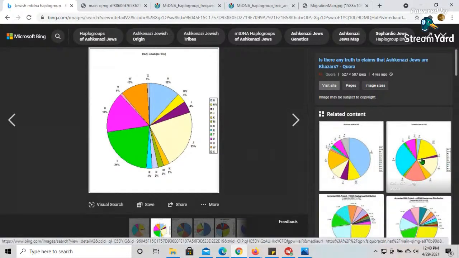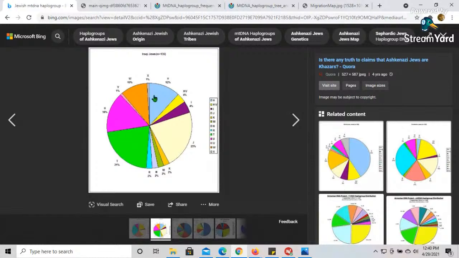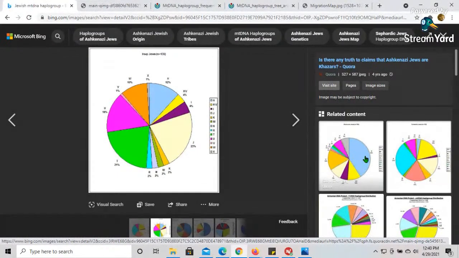But this is basically all Jewish mtDNA, as far as I can tell. Unless somebody else can see something different, this is all the signature straight from the Jewish people, or you might say Israel too. Israel's the same thing; it's no different.